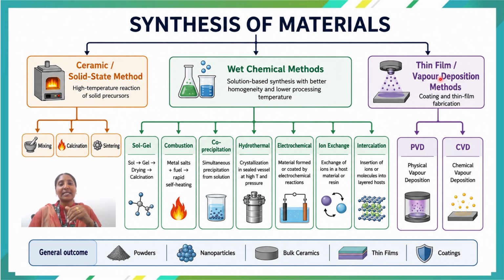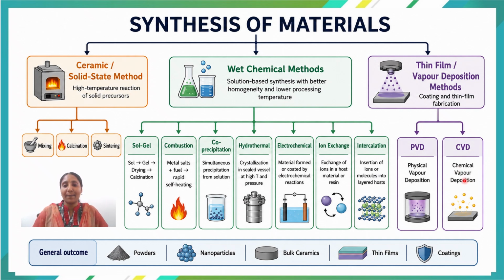It is a coating technique. It is broadly classified into two types. One is physical vapor deposition and the other is chemical vapor deposition. In physical vapor deposition, the source material is physically vaporized and deposited on the substrate. In chemical vapor deposition, a gaseous precursor reacts and is deposited on the substrate.